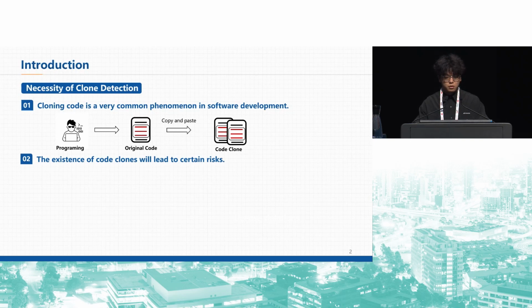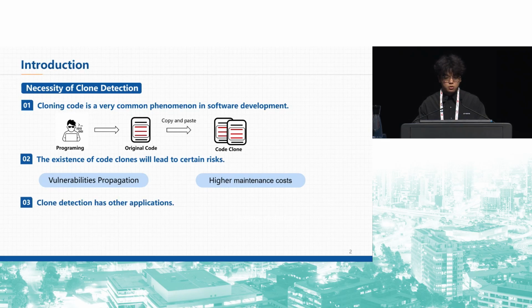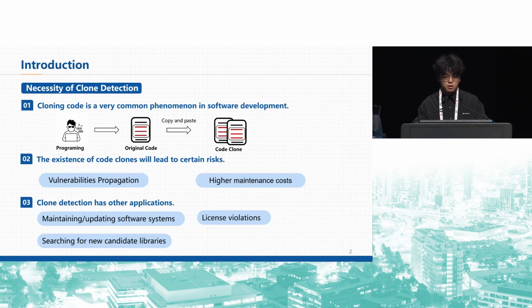Code clones may cause vulnerability propagation and increase the maintenance cost of software systems. In addition to clone management, clone detection can also be applied to license violations and mining new candidate libraries.